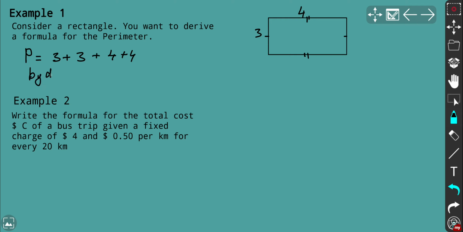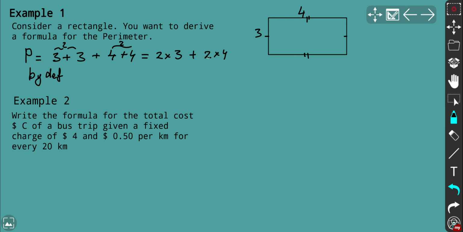Now what we can do is generalize and say, okay, we have two 3s, so we can write 2 times 3, and two 4s, so we get 2 times 4. Basically we have two of each side of the rectangle, of the width and of the length.